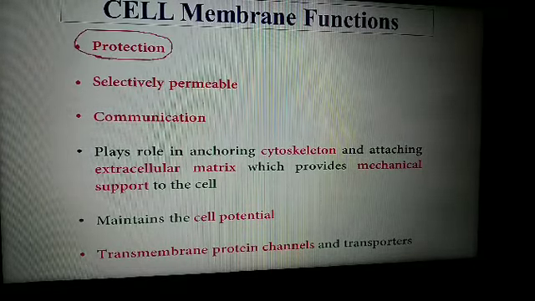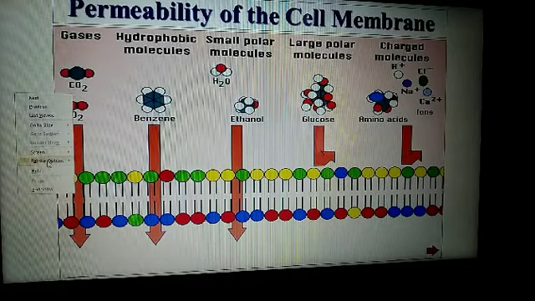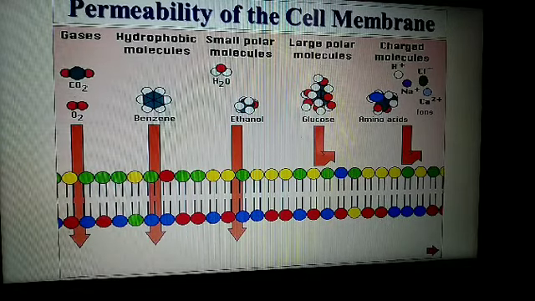From the figure you can see that the small and non-polar molecules, that are carbon dioxide and oxygen, can easily diffuse across the membrane. They can pass through the cell membrane quickly and at a faster rate.